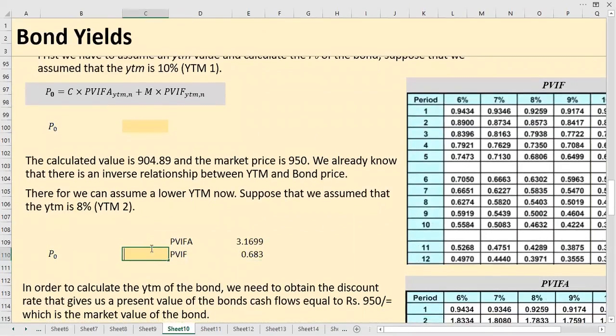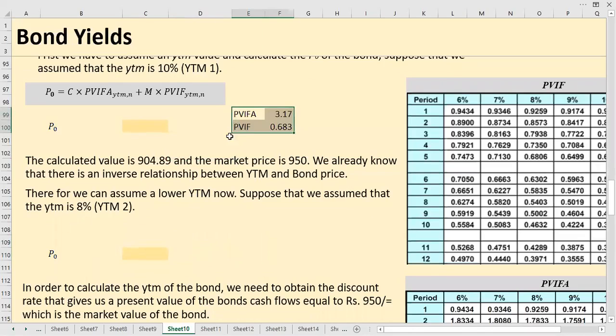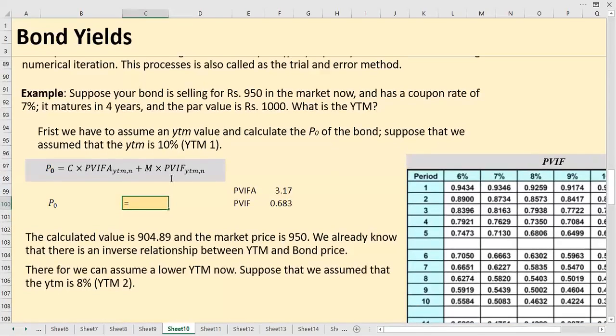So in the same way I'm going to calculate the value here, multiply. Not here, sorry, it should be here. So I'm going to calculate the value here. C is the coupon value. Now you know the coupon value of the bond: the face value is 1000 and the coupon rate is equal to 7%. That means 1000 into 7% is 70 rupees.